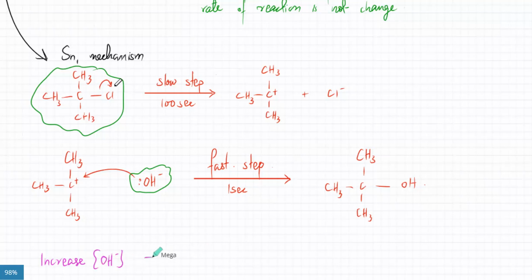So which step speeds up? It will speed up the second step, because the OH is involved in the second step. If I increase the concentration of OH ions, there's going to be more collisions between them because there are more OH ions, and the fast step would speed up.